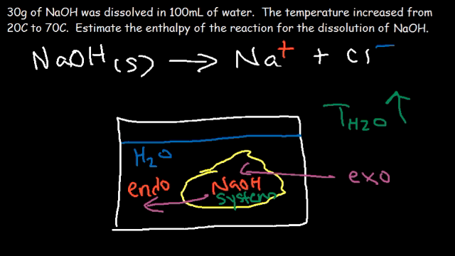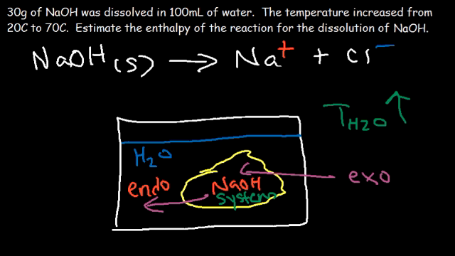So to review, whenever the temperature of the water goes up, it's endothermic for the water, which is the surroundings, which means that the system, the reaction, is exothermic because the reaction released energy and the water absorbed it, increasing the temperature. Now, if the temperature of the water were to go down, it's exothermic for the water because the water is releasing heat, and that means that the reaction, the system, is absorbing heat, so it's endothermic for the system.